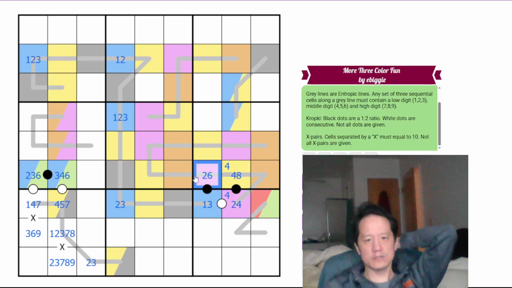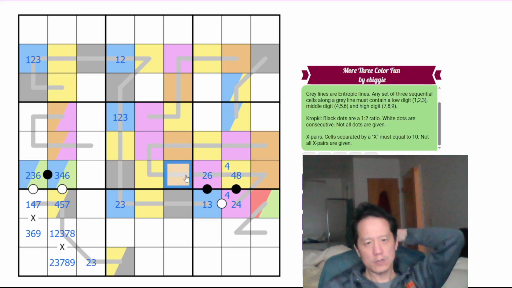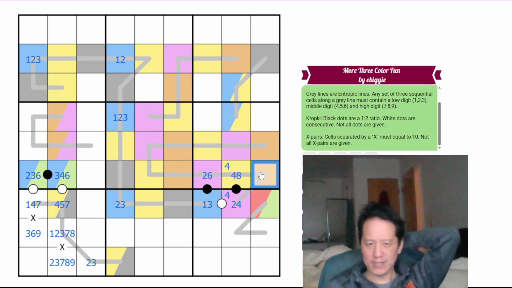Either pink is low or orange is low. Can orange actually be low? Guess so, right?